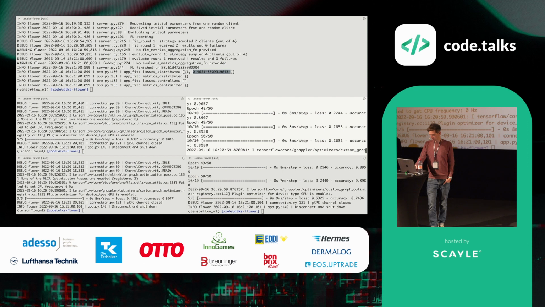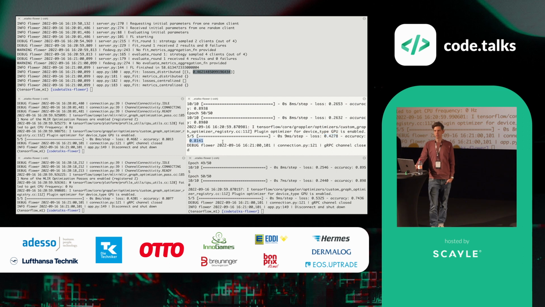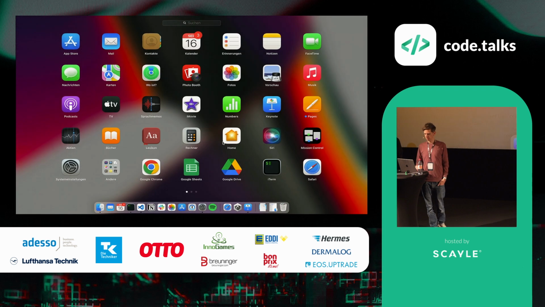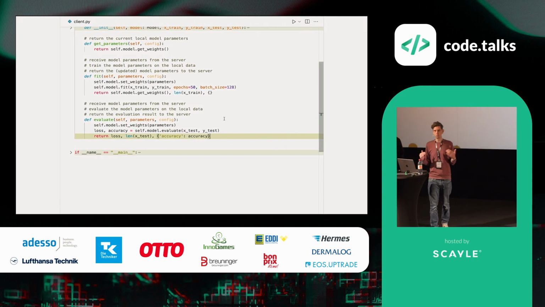In the end, on the local data, it had around 90% accuracy, and then did evaluation with 81%. So it trained locally. Of course, now the model got collected, got averaged. To see now the effect, of course, I have to train for several rounds or just use the model. But because of the time, I will stick to this simple model. That's it already, a fully working federated learning implementation.